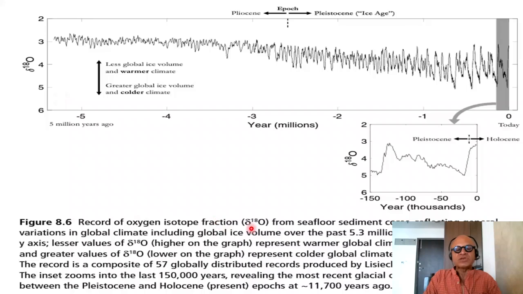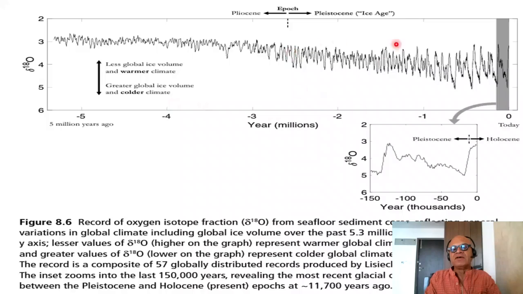So this is a record of oxygen isotope fractionation from seafloor sediment cores reflecting general variations in global climate, including global ice volume, over the past 5.3 million years. This is kind of the critical time scale for evolution of humans themselves, because the old world monkeys, new world monkeys, and our evolution of bipedalism from our closest ancestors like chimpanzees and gorillas all happened somewhere around here, and then the various hominid species evolved around here.